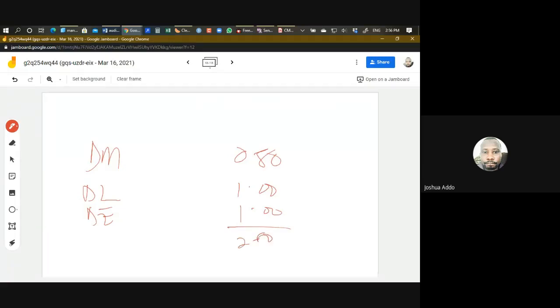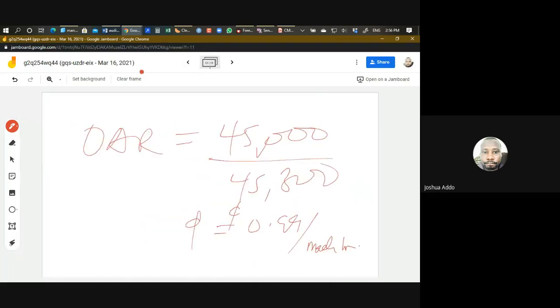Now, production overhead cost per unit. We cannot write this 0.99 because this is 0.99 per machine hour. It's not per unit.